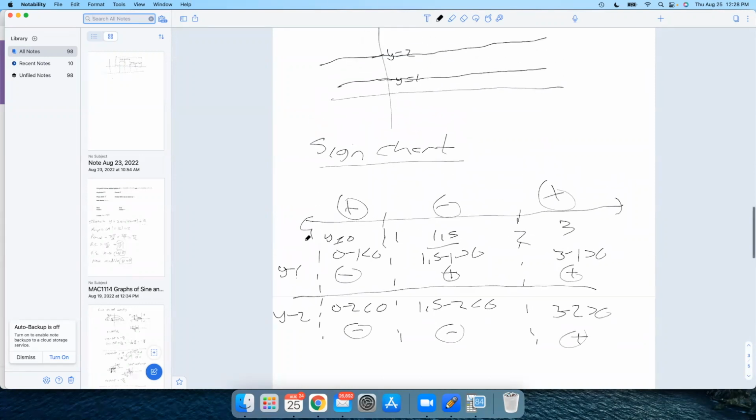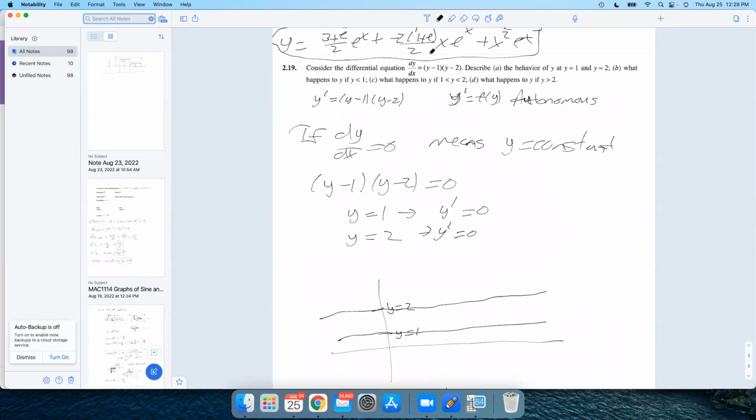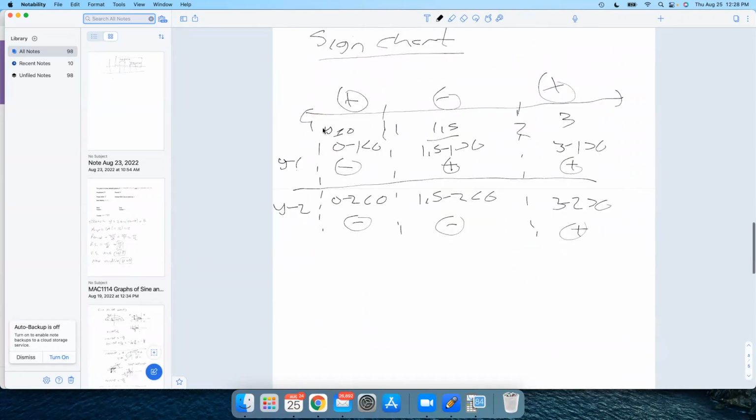So what that means is, remember, here's my DE. The derivative of y in this region, on the region -infinity up to 1, dy dx is positive. What's that mean? If a derivative is positive, that means y is increasing. That's what it means to have a positive derivative.